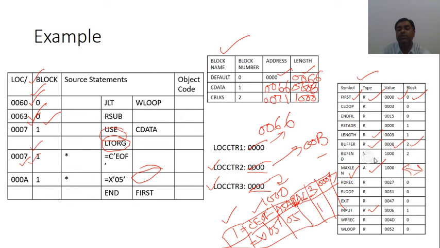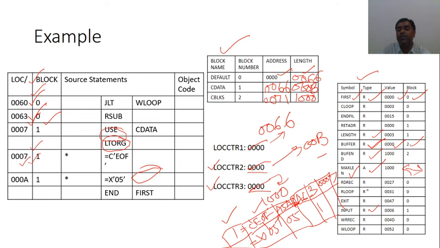You will get the information from the symbol table only. When you look at BUFEND in the symbol table, you will see that this is a relative term, and minus BUFFER is also a relative term, and you know that when there are two relative terms with opposite signs, that means plus and minus sign, then we always get an absolute value. That's why max length was an absolute value.